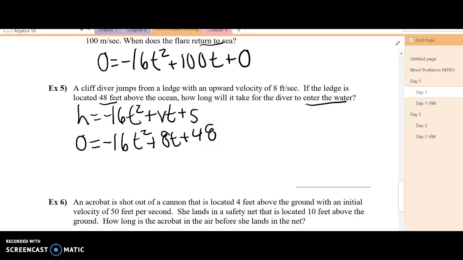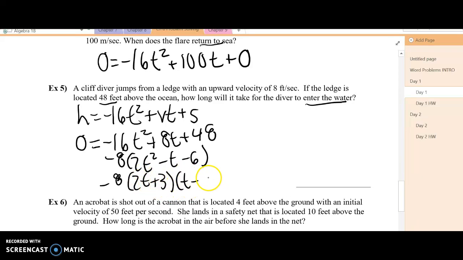We are then going to take out a GCF of negative 8, and we factor that, and we'll get negative 8 times 2t plus 3 and t minus 2. Once we solve for t, we get t equals negative 3 over 2 and 2. Time cannot be negative, so we get our answer of 2 seconds.